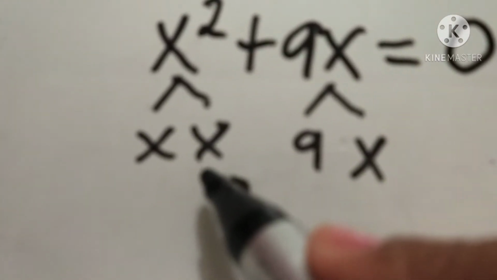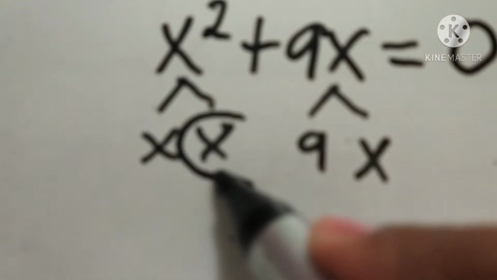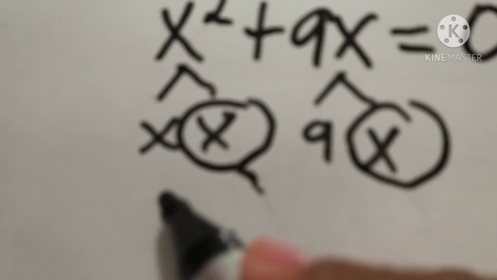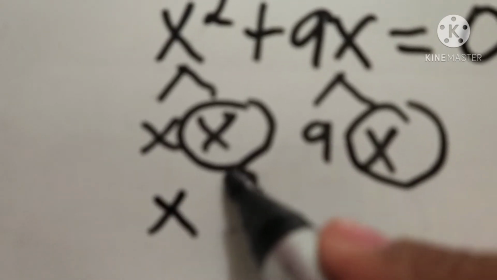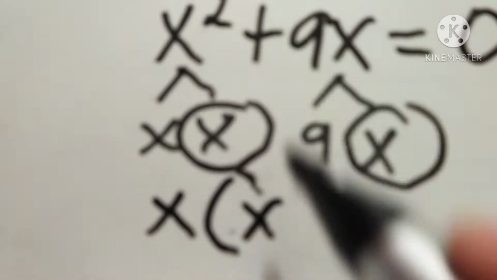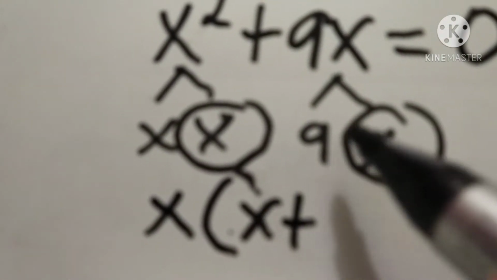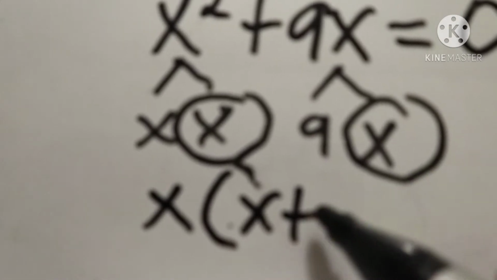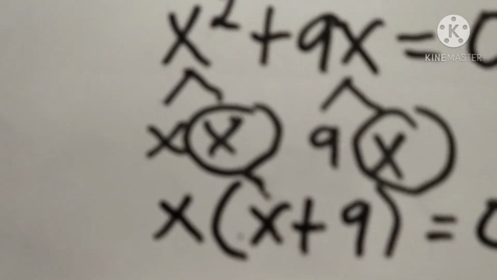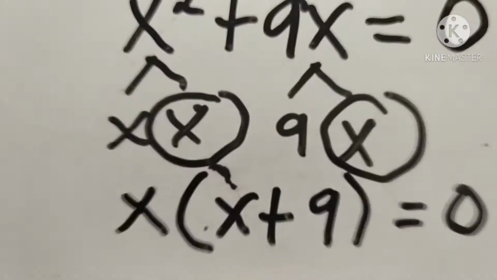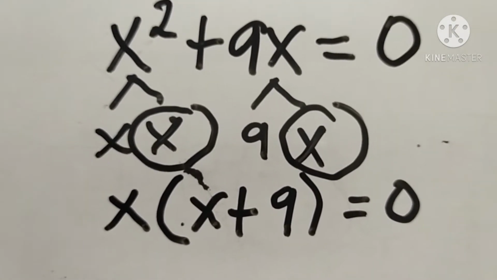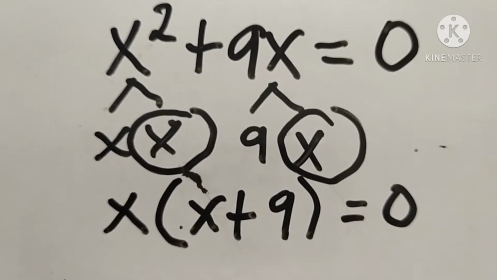The common factor is x. We factor out x. What is left? Only x, then the sign in the middle is plus, and what is left is 9, equals 0. That is how we get the factors.